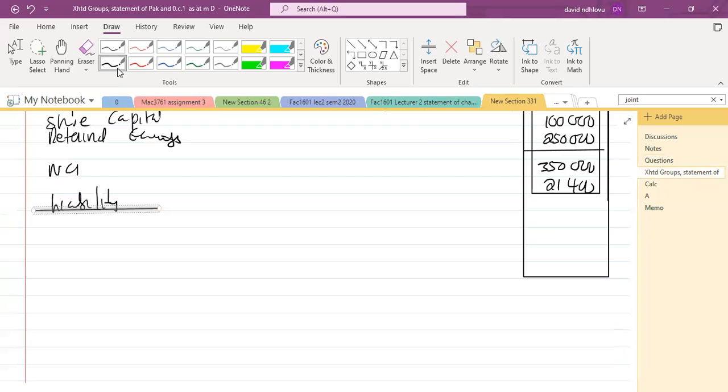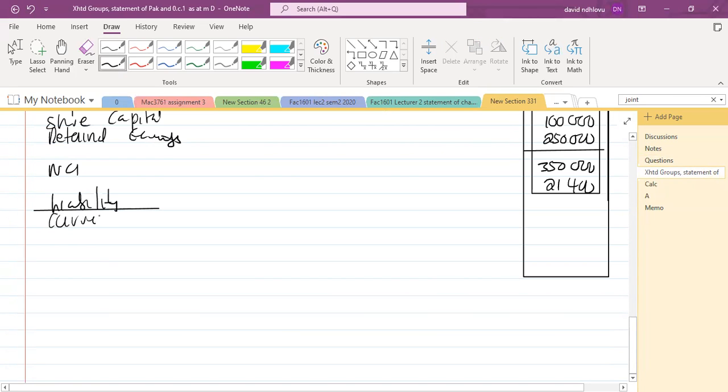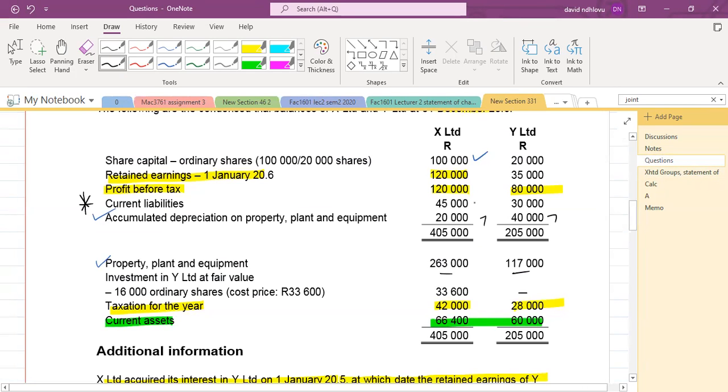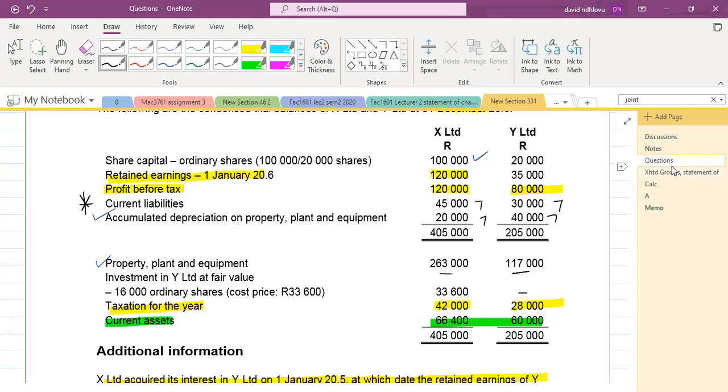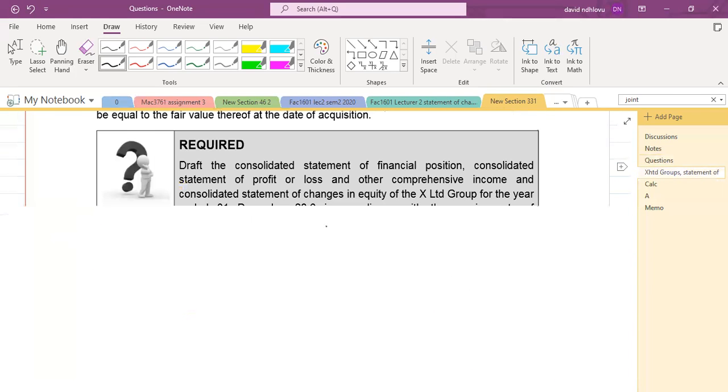So therefore, we just bring in our current liabilities. It's an amount of 45,000 and an amount of 30,000. So 45 plus 30, which is 75.